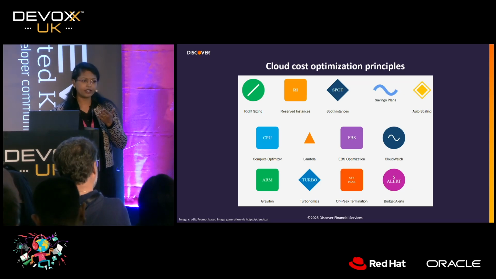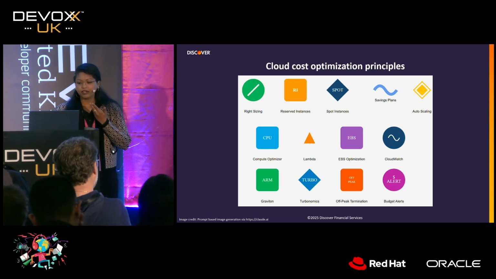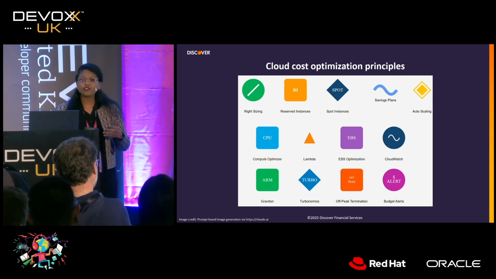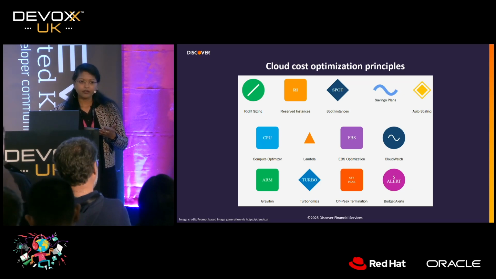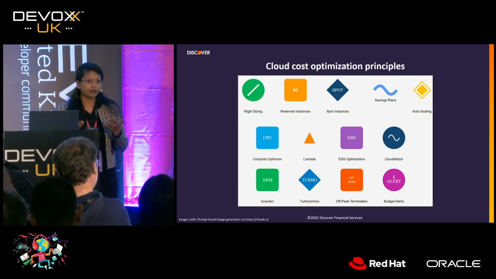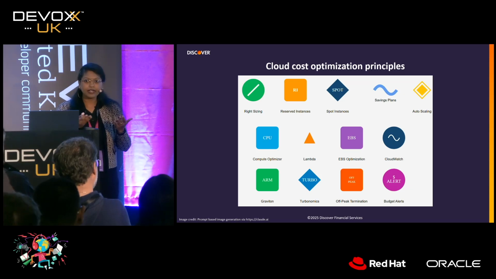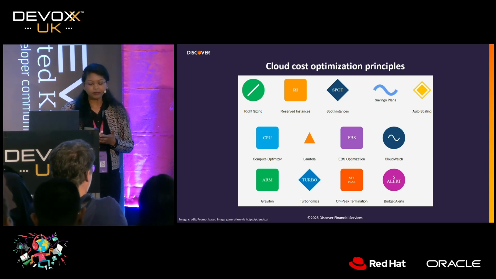Most of the cloud vendors do offer discounted rates. Spot instances: when we know that our system is fault tolerant, we could go for spot instances, because there is no reliability on them. You could lose spot instances at any point of time. So probably we could use them in non-prod environments, but you get at least an 80 to 90% discounted rate. So why not save some costs there?